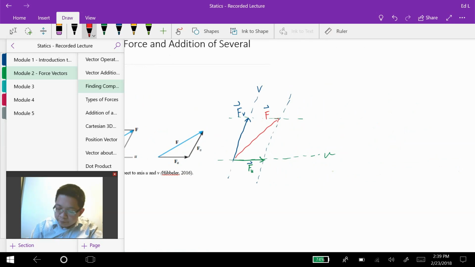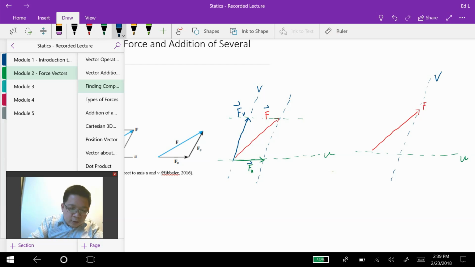For example, if I have my force F right there, and I know that my U axis is here, and I know my V axis is right there, I sketch my V axis, so I can construct my Fu and Fv by connecting the tail of F to this intersecting point right there, and then I can construct my Fv by connecting the intersecting point over here to the head of force F over there.